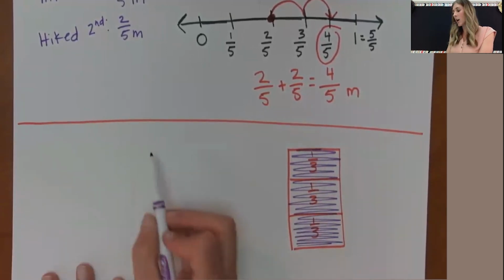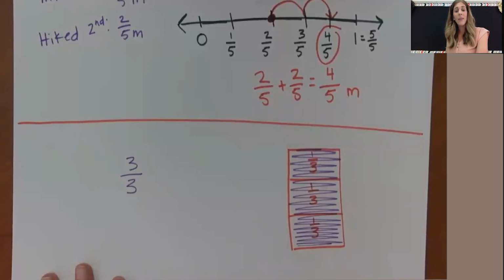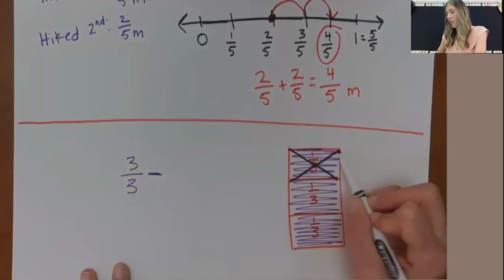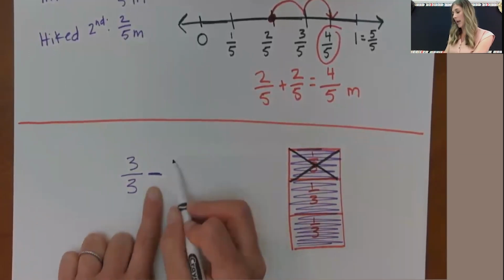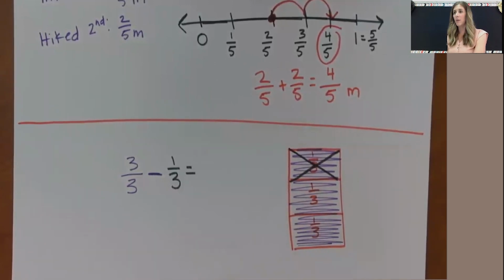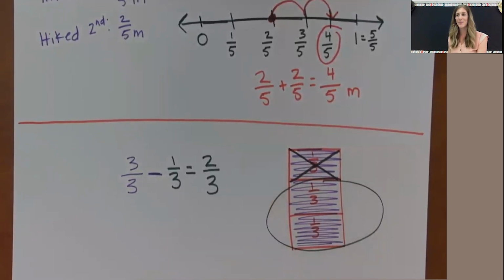So she started with 3/3 of a smoothie, or 1 whole, and then she drank some. So some of her smoothie got taken away. She drank 1/3 of it. So if we get rid of 1/3, or we take away 1/3, how much of her smoothie is left? Correct. You can see here that she has 2/3 of her smoothie left.